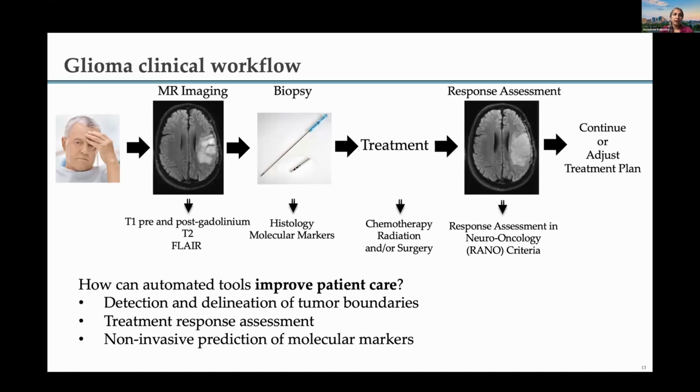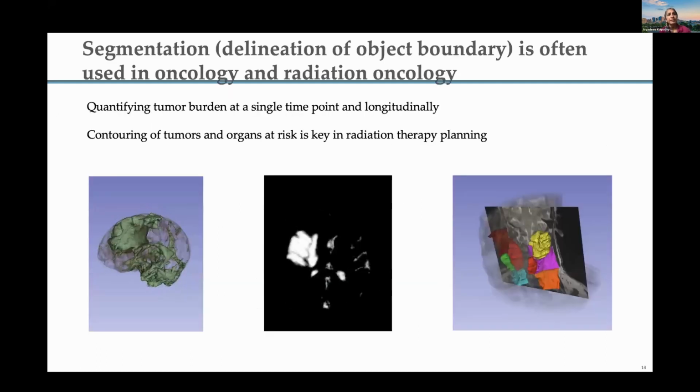So a lot of the work that our lab has been doing over the last many years now is how can automated tools improve patient care in terms of delineation and detection of tumor boundaries, treatment response assessment, and non-invasive prediction of molecular markers, for instance. Segmentation, again, is a very common task that deep learning excels at for many things in oncology.